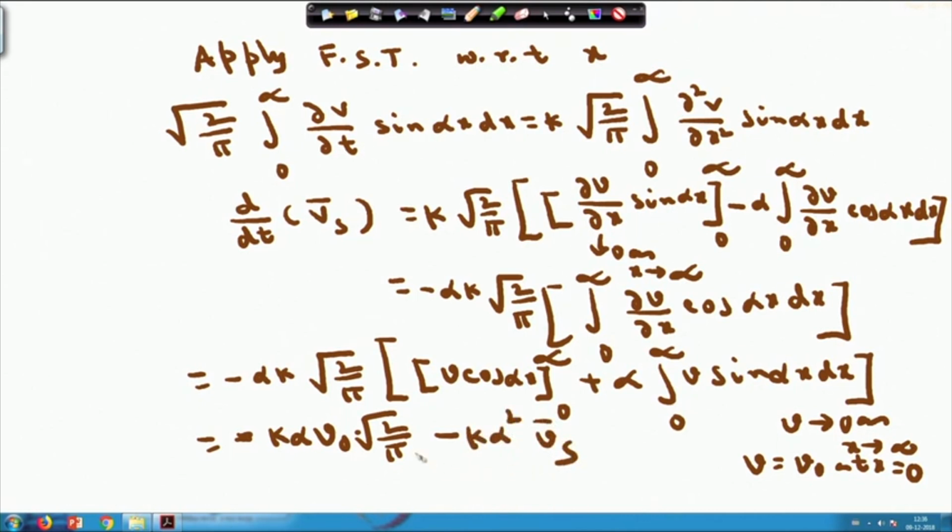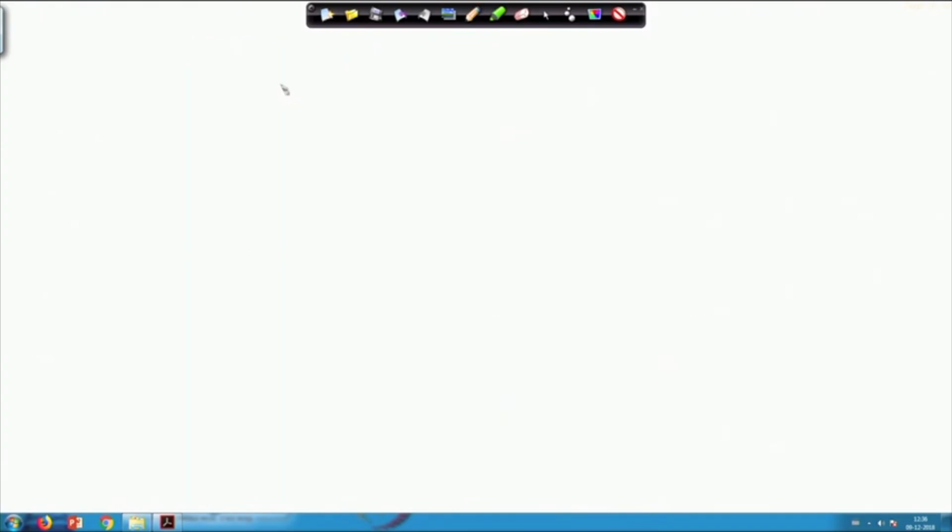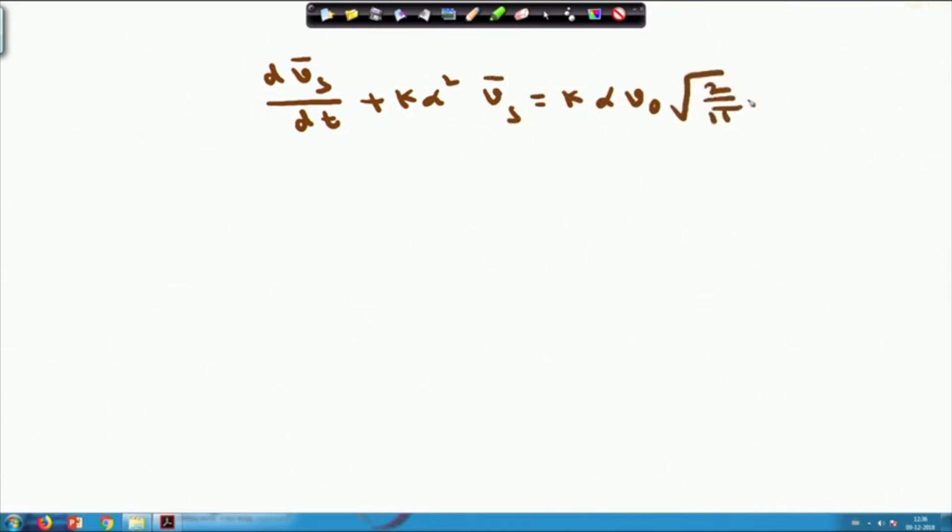So, this extra term is coming over here now. Therefore, from here the ordinary differential equation you can write down: dv̄_s/dt plus kα² v̄_s equals kα v₀ √(2/π).